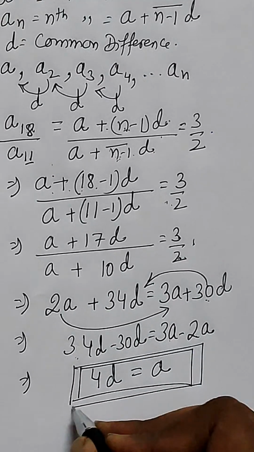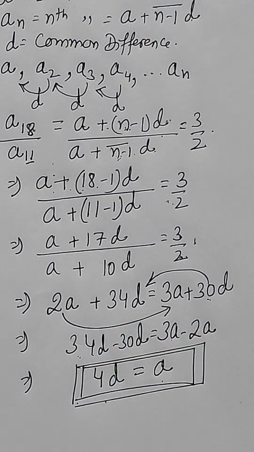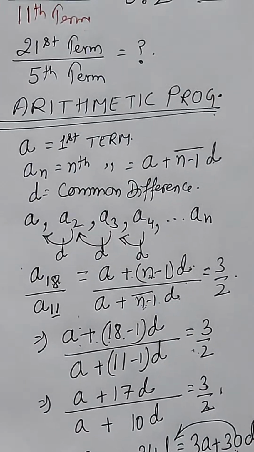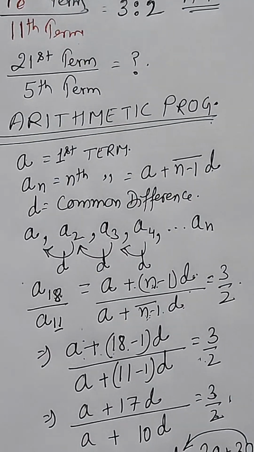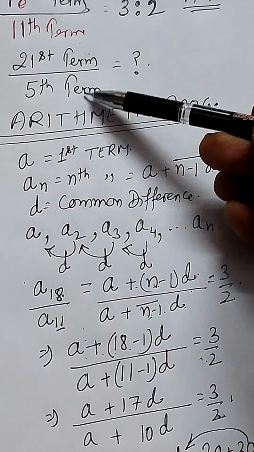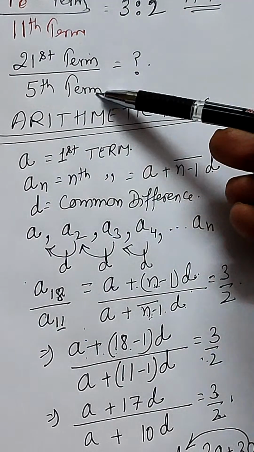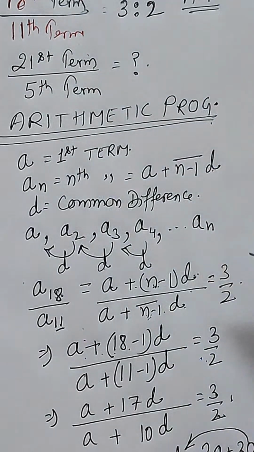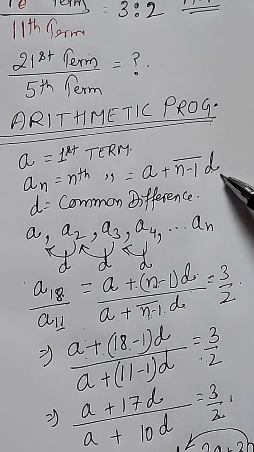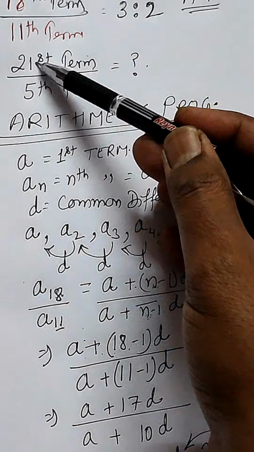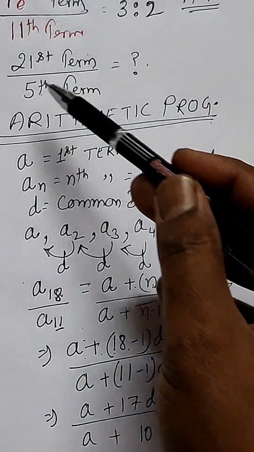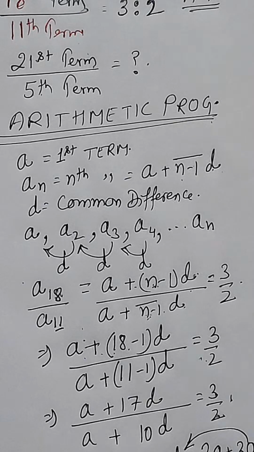So this relation is derived, that is, the relation between the first term and the common difference, right? Now, what is the question? In the question it was asked to find the ratio of the 21st term and 5th term. So what is the formula of the 21st term? Put it into the formula of a plus n minus 1 d, where n will be 21. Similarly for the 5th term, for n equal to 5, find the 5th term.